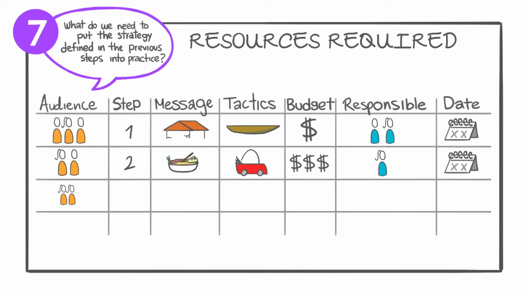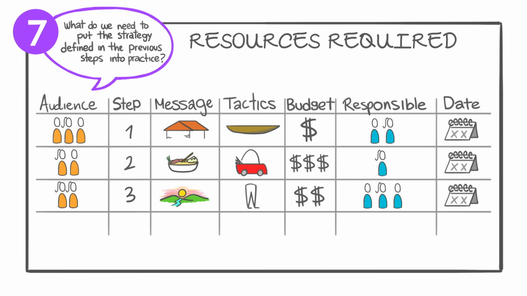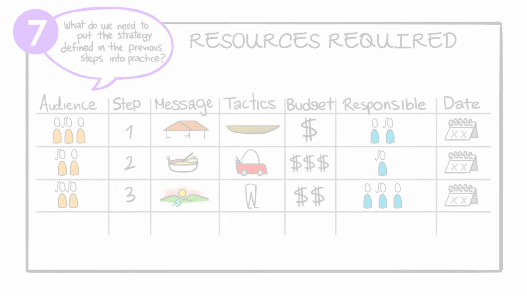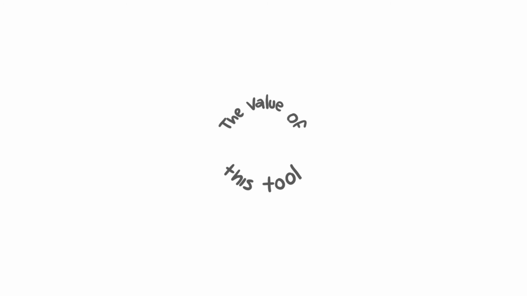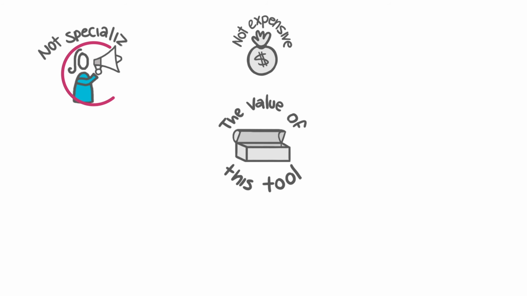We recommend producing this summary immediately after completing the exercise. Each of the participants should have a copy of the mini-strategy to monitor its implementation. The value of this tool lies in showing teams that using communication strategically need not be expensive or depend on having specialised communications personnel in the team.